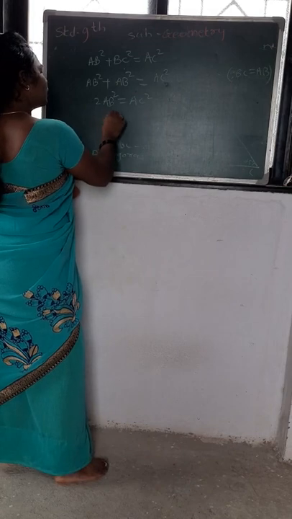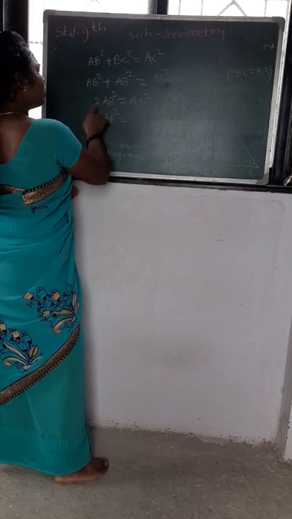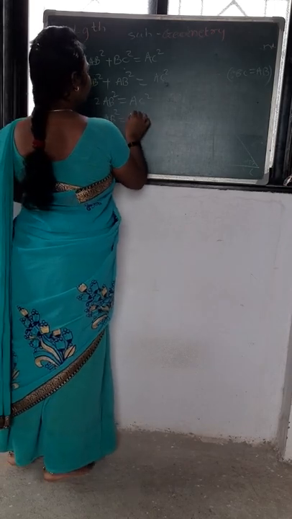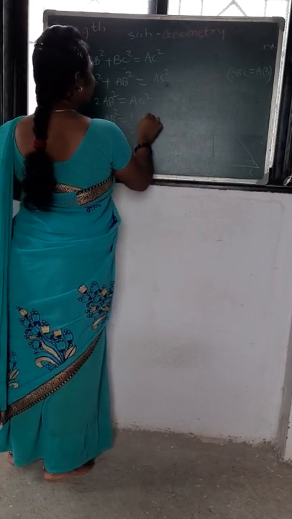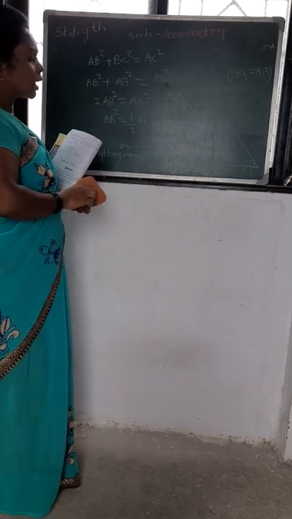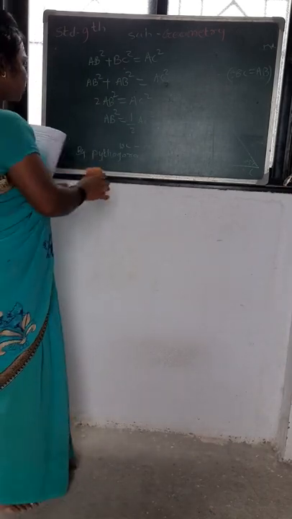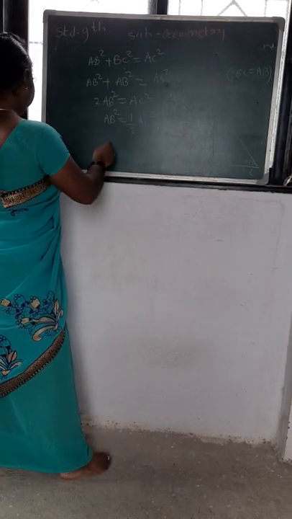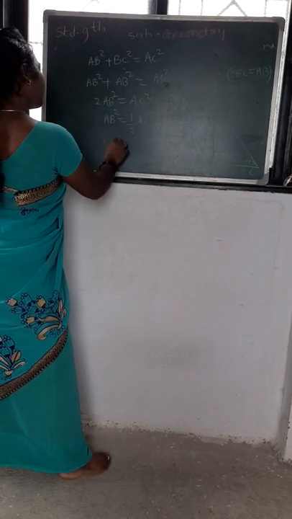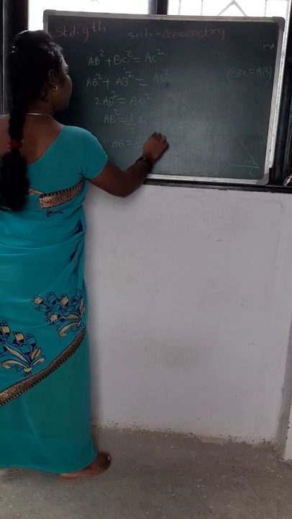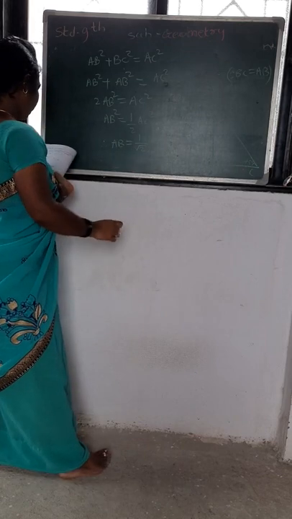Therefore, AB square is equal to 1 by 2 AC square. The next step is taking the square root on both sides. Therefore, AB is equal to 1 by root 2 AC.